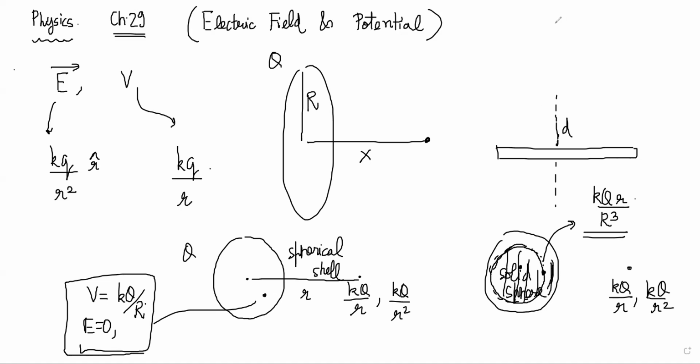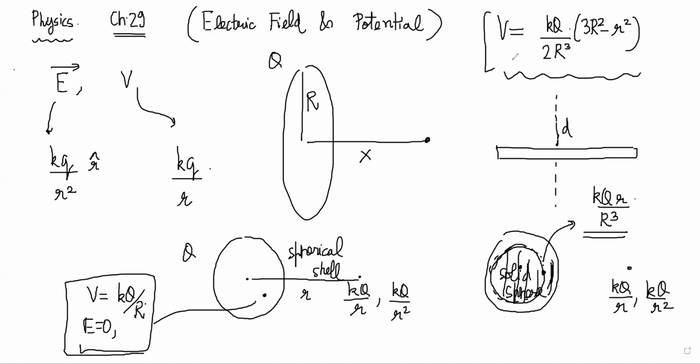So it is something like kq by 2 R cube times 3 capital R square minus small r square, something like this. This is the potential. How do I remember this?